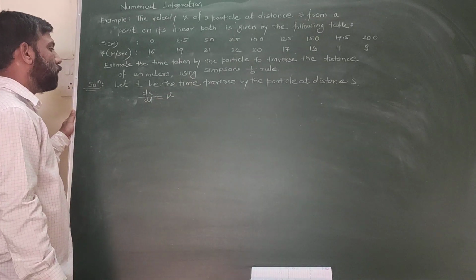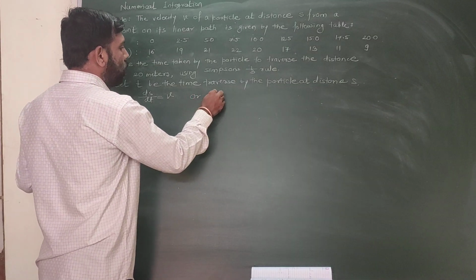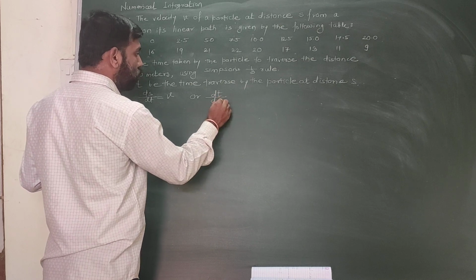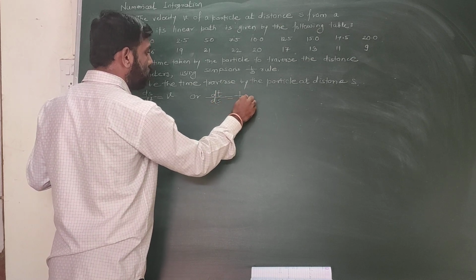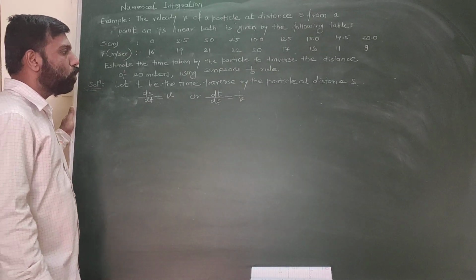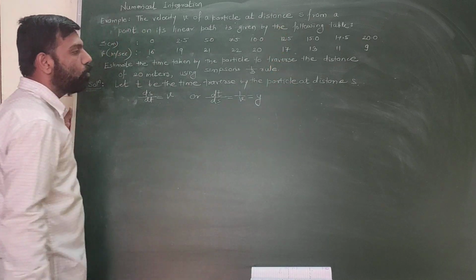The distance with respect to time is velocity. Now we have to find out the time period. So this becomes reciprocal, dt by ds is nothing but 1 upon v, and that is our value of y.